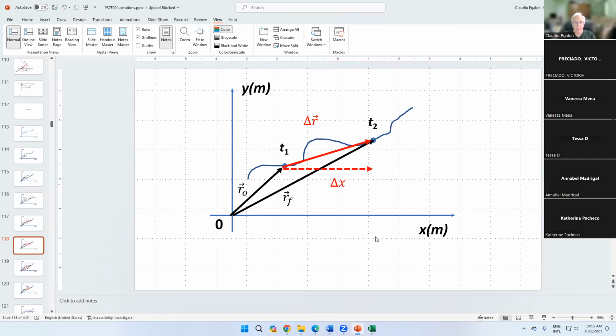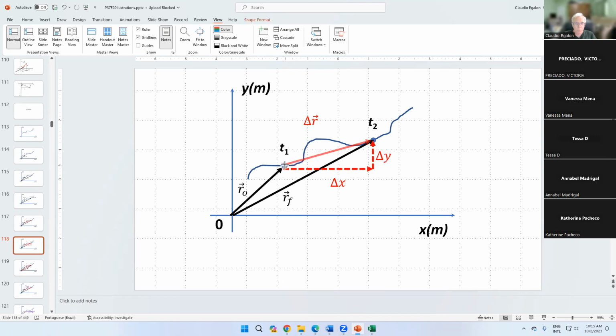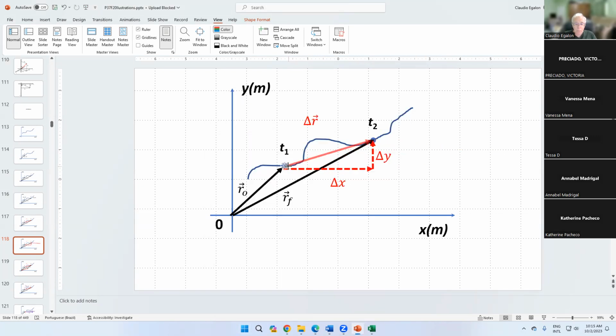That's going to be the x component of delta R. And this one here is going to be the y component of delta R.